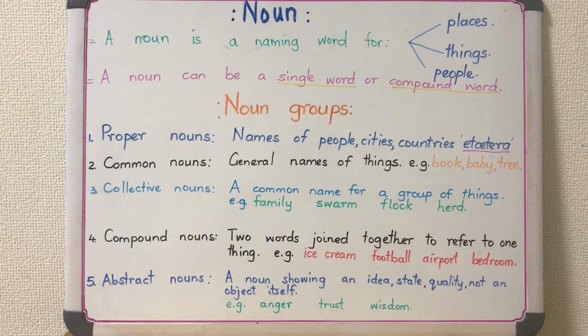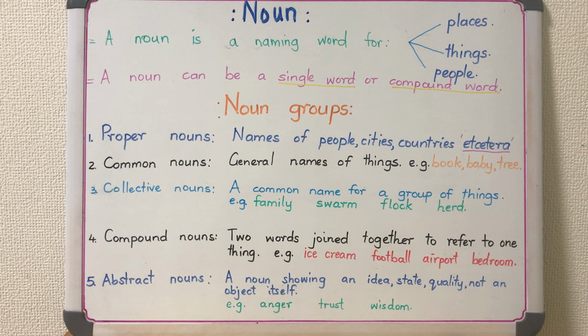Basically, those are the 3 main groups under which we can have nouns. And the second aspect, I said, a noun can be a single word or a compound word. Compound to mean more than one word, right? After giving those 2 important aspects, let's get down to the different groups of nouns.